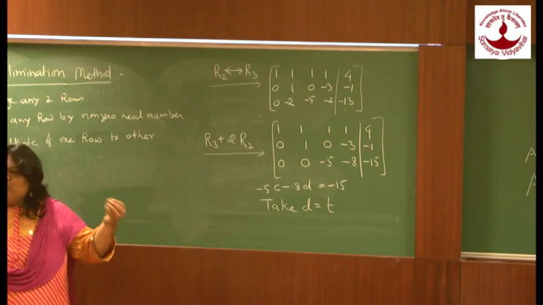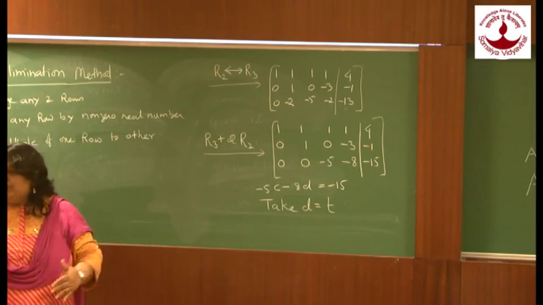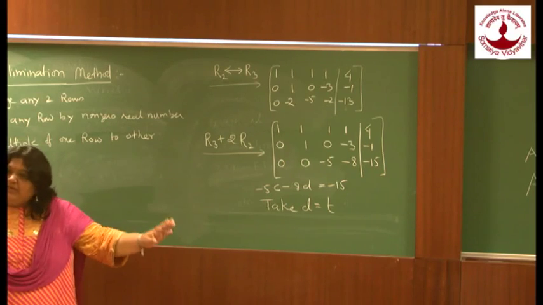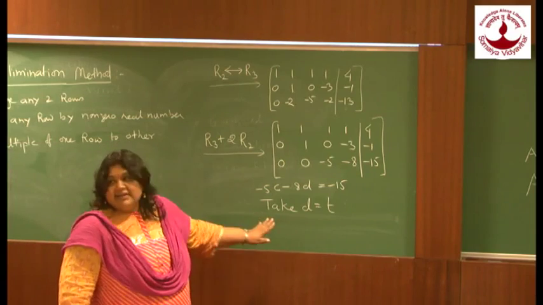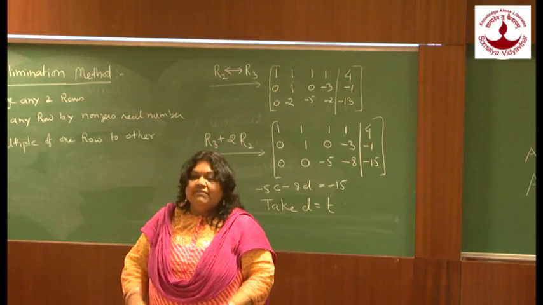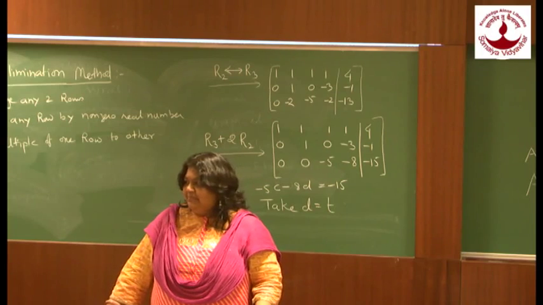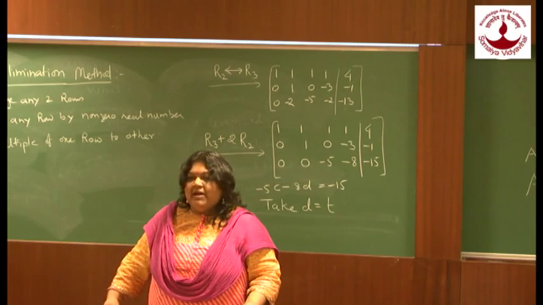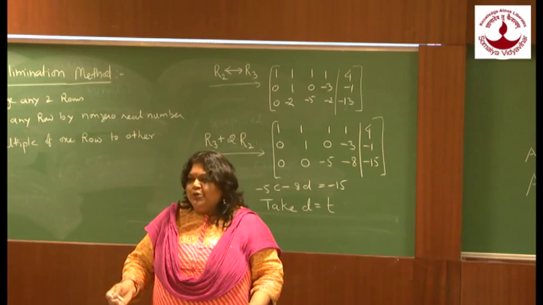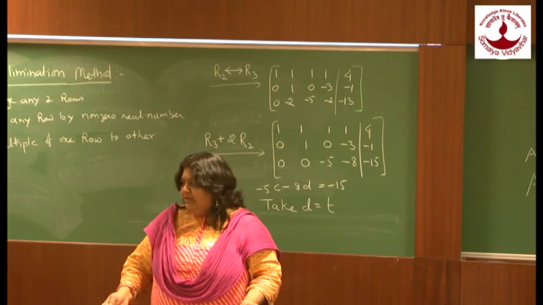Any real value, 0, 1, minus 1.2, root 3. Any value of t is usable. This step indicates that we are going to have infinitely many solutions. Parameter has how many values? Infinitely many. So the solution will be infinitely many. Okay?